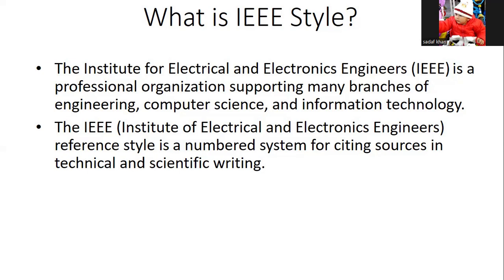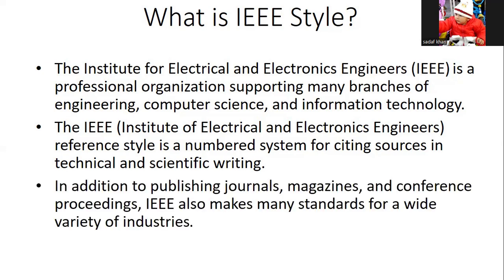In this IEEE style, the convenience provided to the reader or researcher is that they use a number system for citing sources in technical and scientific writing. In addition to publishing journals, magazines, and conference proceedings, IEEE also makes many standards for a wide variety of industries.